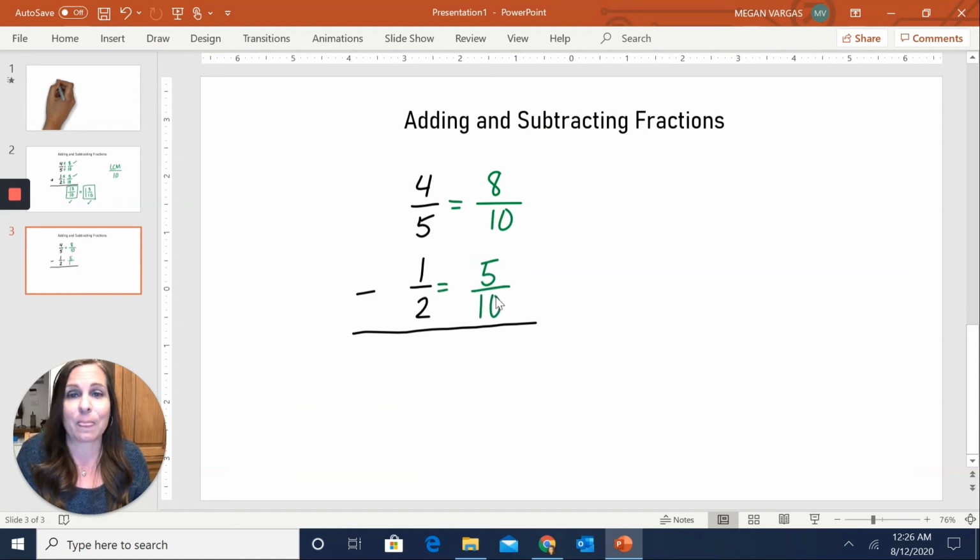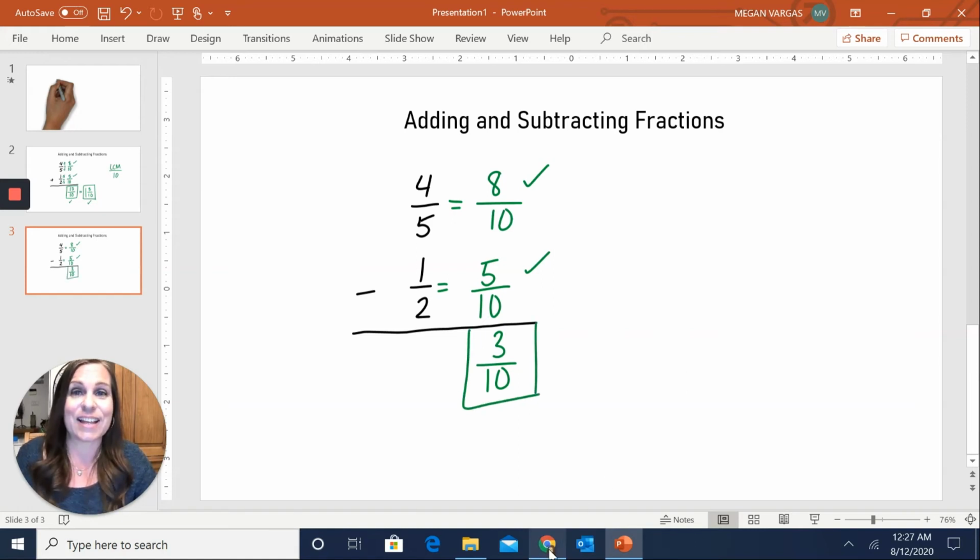Same thing. But now we're subtracting. So if we're subtracting these two fractions, again, we're just looking at the top number, the numerator. 8 minus 5 gives me 3, and I keep that bottom number the same. I keep the denominator. So my answer to this subtraction problem would be 3/10.